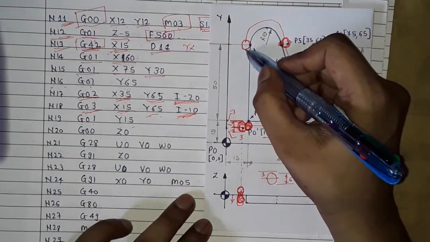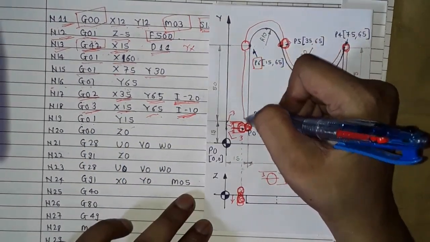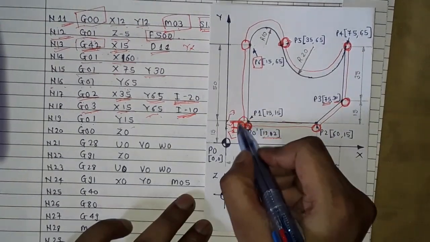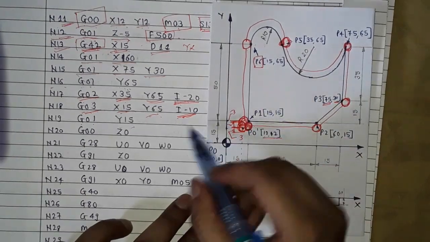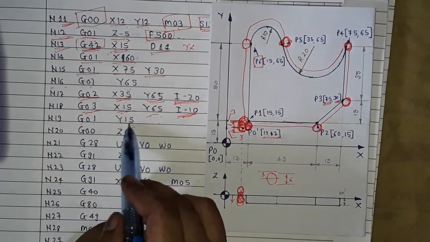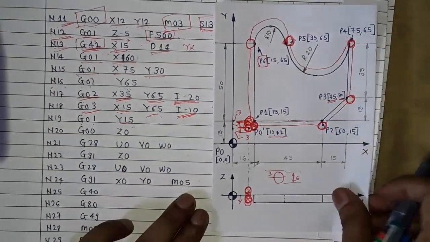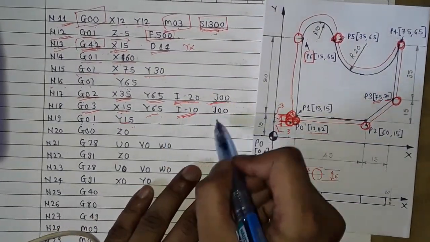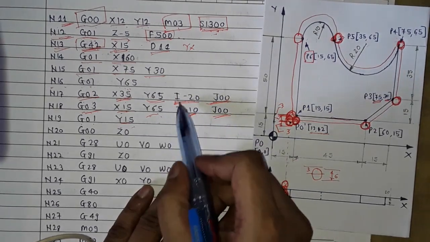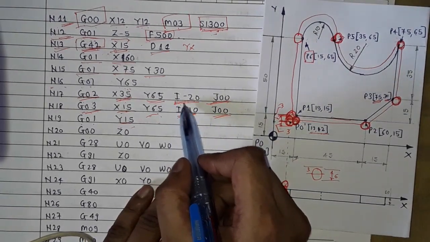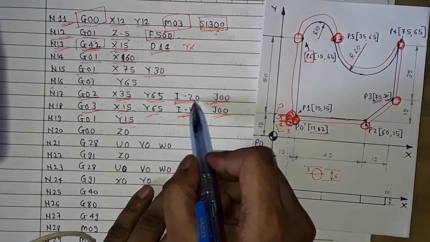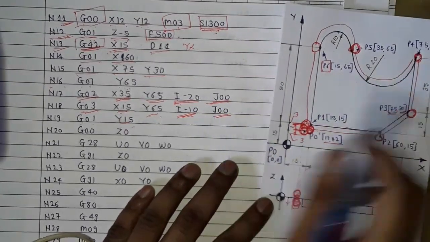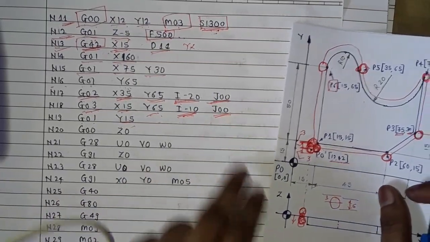Now the cutter will move from this direction to Y15, that is up to this point. See here friends, J0 in this case, because we only have the I coordinate, that is the 20 radius and 10 radius in the figure, and J is 0 here.